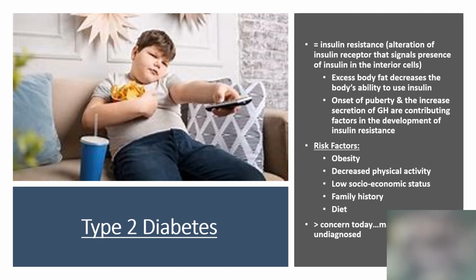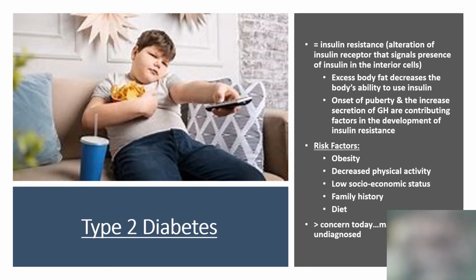And with the onset of puberty and the increased secretions of growth hormones, that also can contribute to the development of insulin resistance. So you can see that age bracket where we're seeing more growth hormone releases and the onset of puberty, late school age, and adolescence. These are children who are at greater risk.